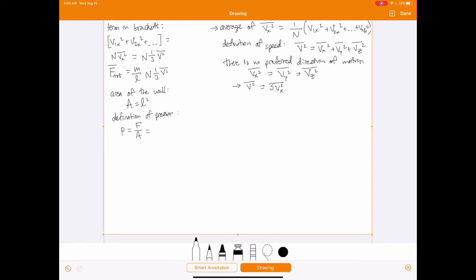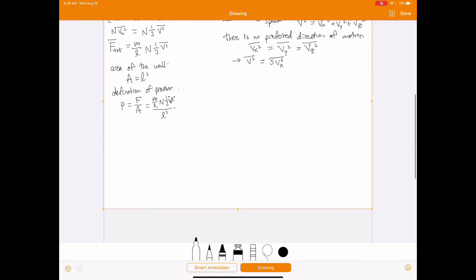The force of all those different particles hitting the wall, we just said, is m over L times N times a third times the average speed squared, and then we're dividing that by the area, which is L squared.